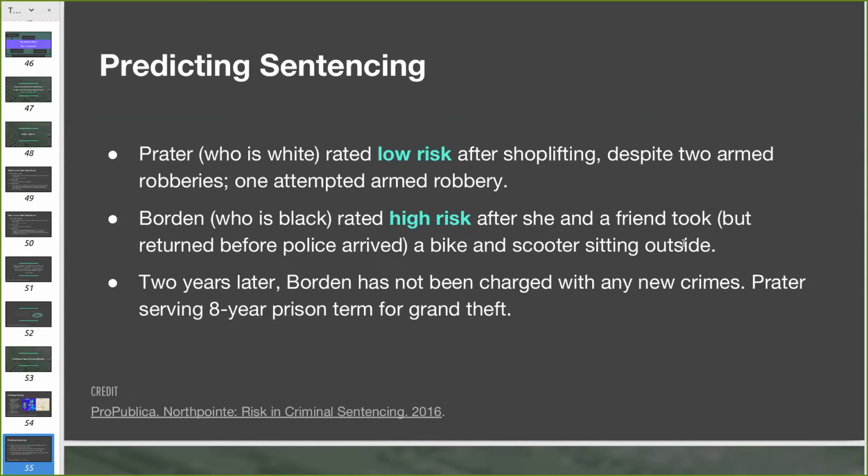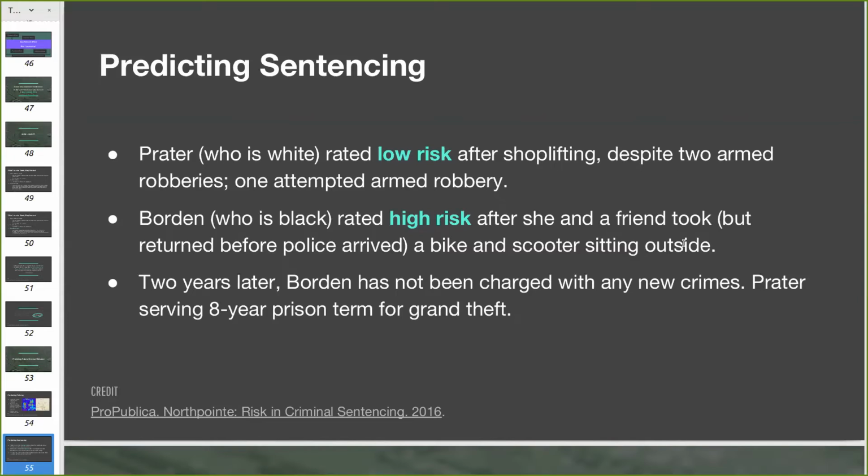Still, the system thought that the chances of Borden committing a crime in the future were higher than those of Prater. But in reality, 2 years later, Borden has not been charged with any new crimes in spite of being given high risk.